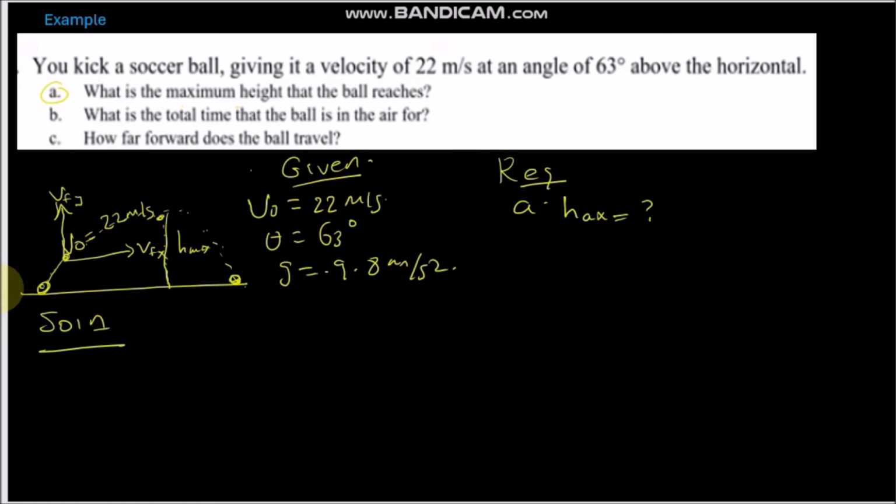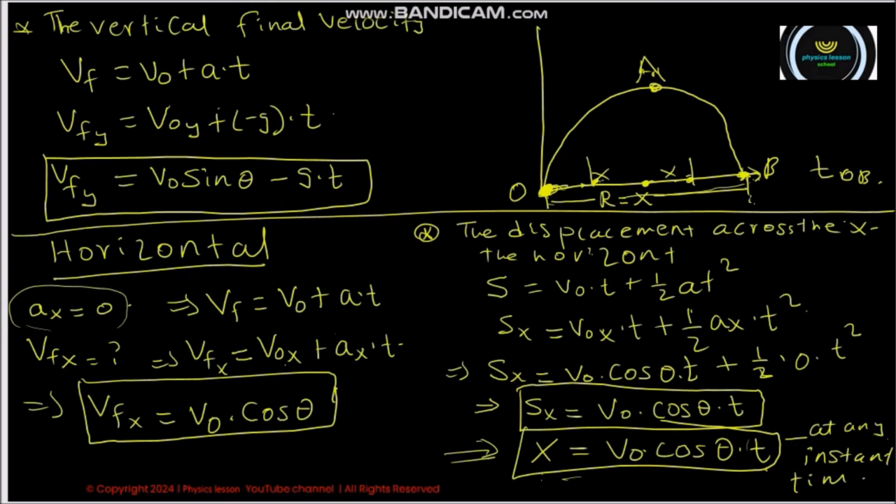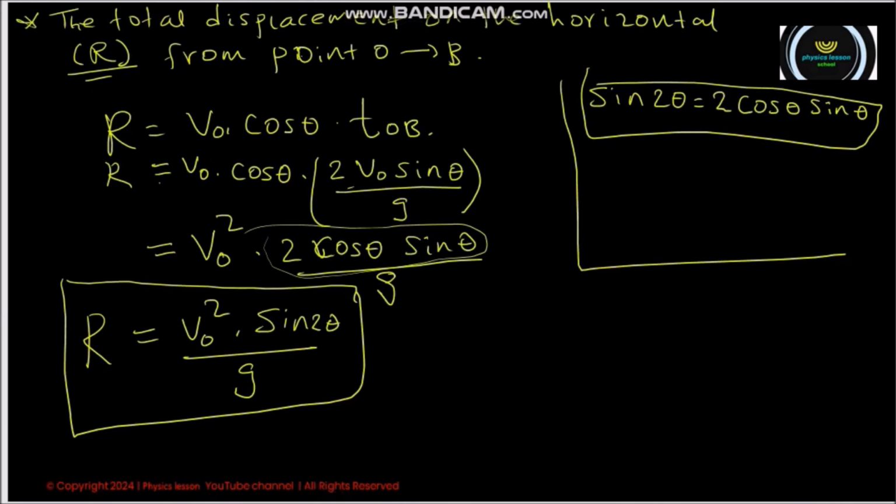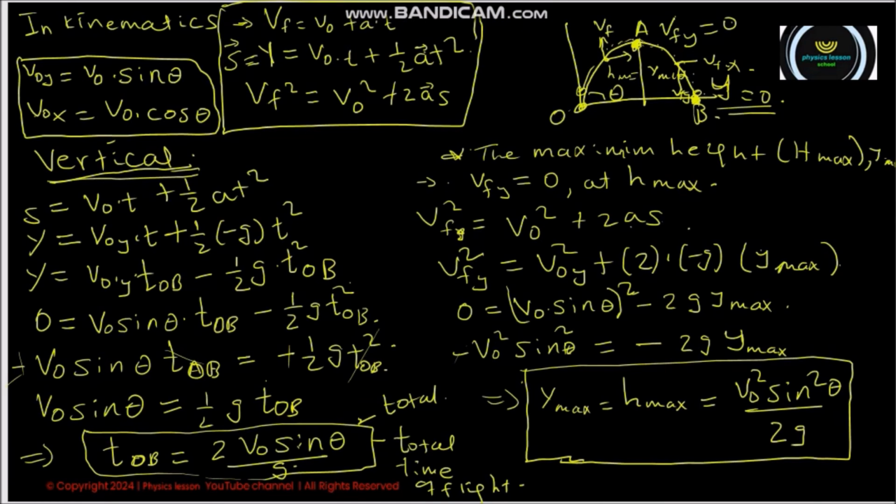Solution. H maximum, we already calculated the formula. H maximum is calculated by v naught squared sine squared theta over 2g.